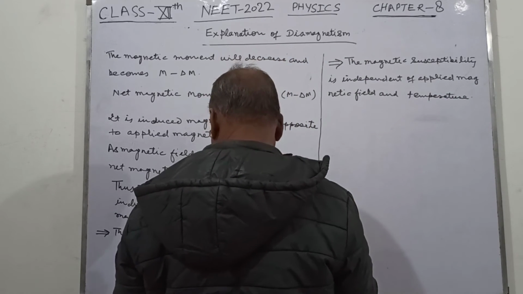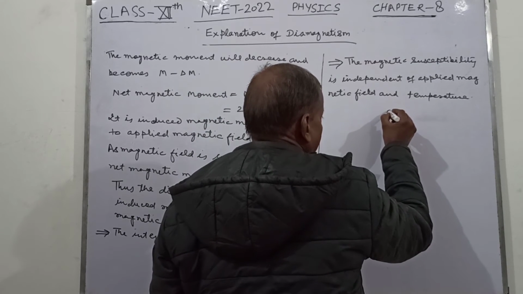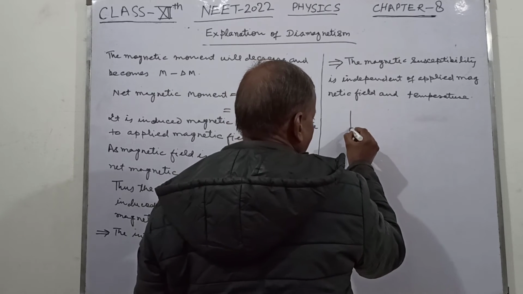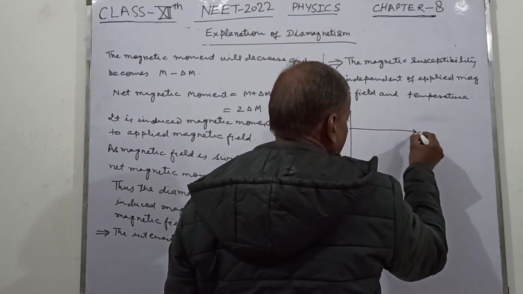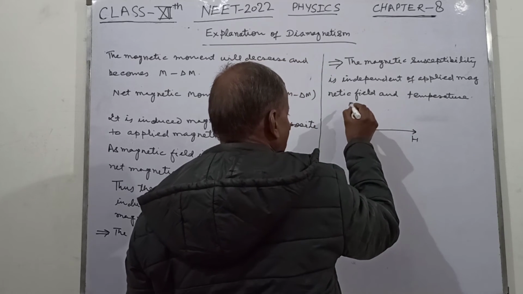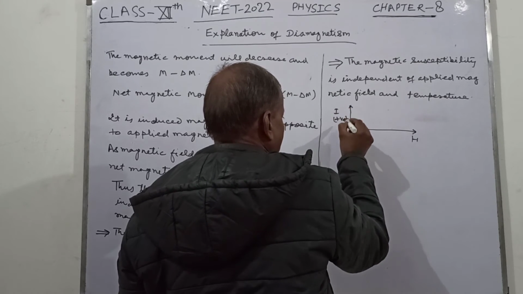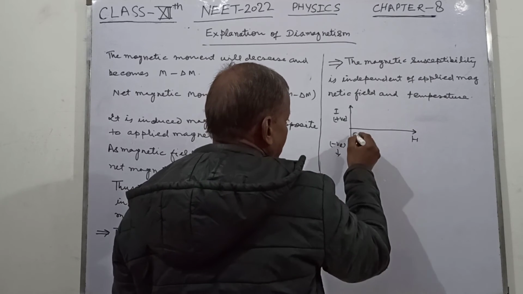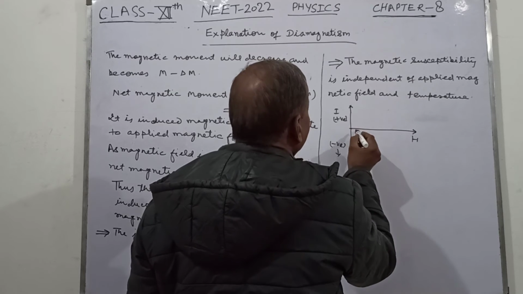So how do we have this? Suppose I take this one. This is now the applied magnetic field in this direction, and here we will have the intensity of magnetization I. So this is positive, and here we will have this negative.